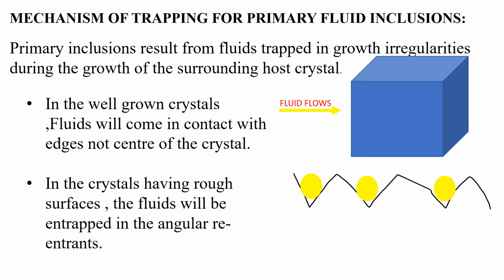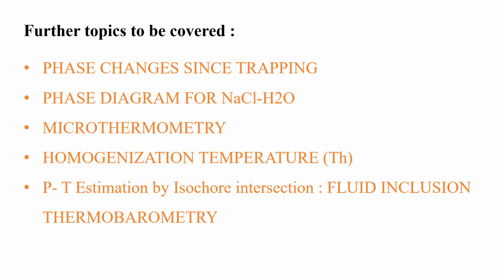In these methods, the crystals can occupy some of the fluids, and fluid inclusion is mostly favored in case of crystal imperfections. So these are some of the important topics to be covered in this chapter, and if I am given the opportunity to cover it, I am very excited to do this job.